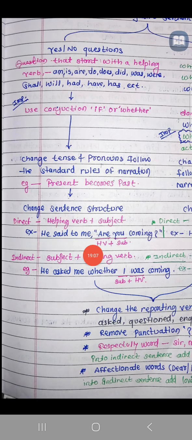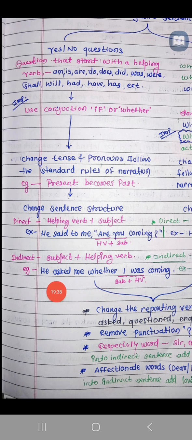For example, Shivam said it to me. Who is me? I am Pankaj. So Shivam said to me, "Are you coming?" That means he asked me whether I was coming. When I share that question and information with my instructor, how do I say the sentence?